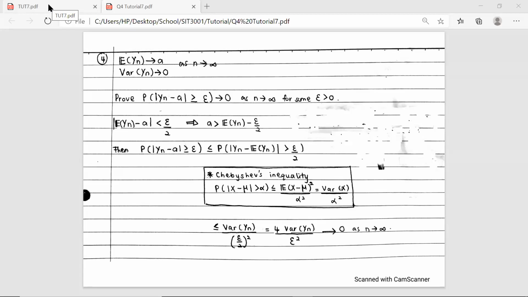Just a small question, let me see. I'm trying to see the connection between this part and this part.